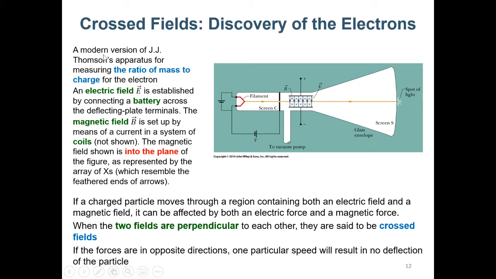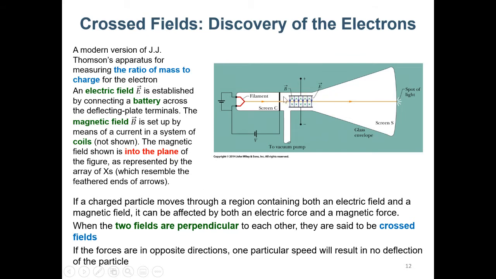So this is the modern version of J.J. Thomson's apparatus for measuring the ratio of mass to charge for the electron, m over e.